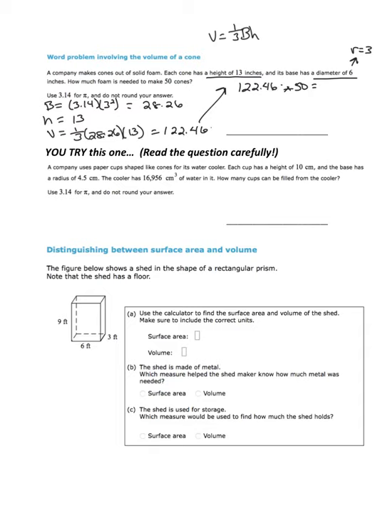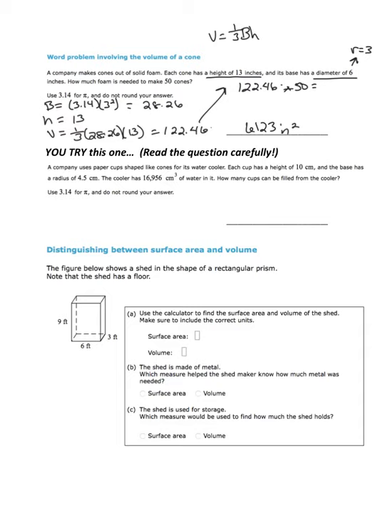Okay, times 50. Glad I caught it. 61.23 cones. Oh, it's not cones. Yeah, I can read the words. Really, I can. That's not how many cones we need. We need cubic inches. 6,123 cubic inches of foam. Okay?